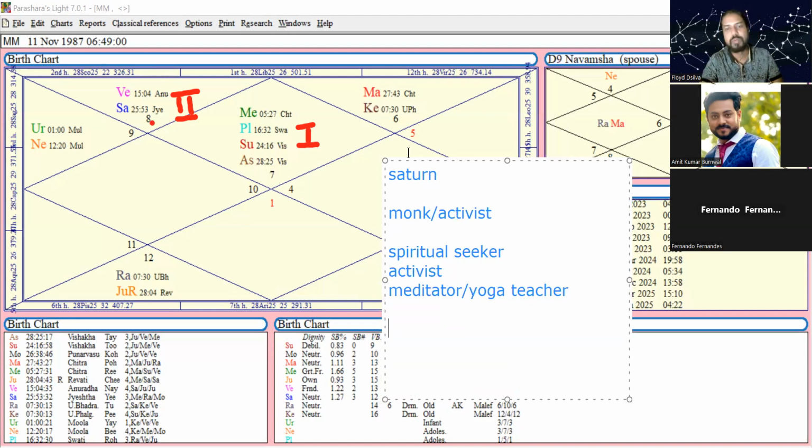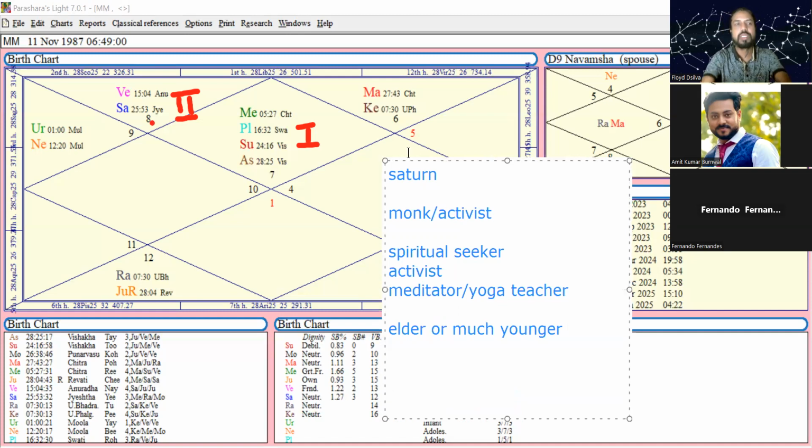Saturn also represents someone who's older. So people who are elder or people who are much younger, because Venus with Saturn represents the age gap, time. Saturn represents time. So the age gap comes into play. So this kind of person should go for someone who's maybe much older or much younger. He might be drawn to these kind of people because Venus is with Saturn. And as I said, Scorpio is also involved, knowledge is also involved.